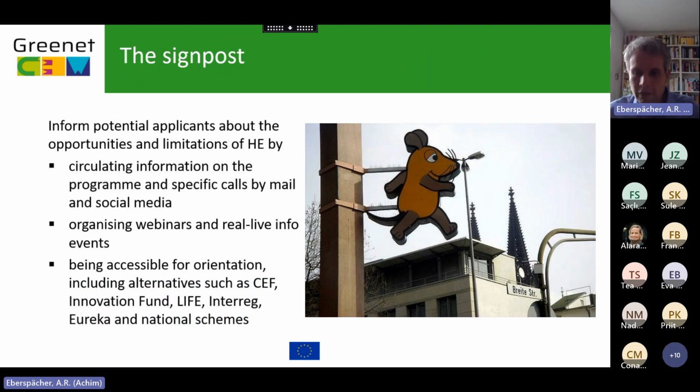So one is kind of the signpost or the information spreader. So that's informing the potential applicants about the opportunities, but also the limitations of Horizon Europe by, one, of course, circulating information we get from the European Commission, or things we write ourselves, by mails and social media, LinkedIn, Twitter. I suppose some of you are using Twitter.